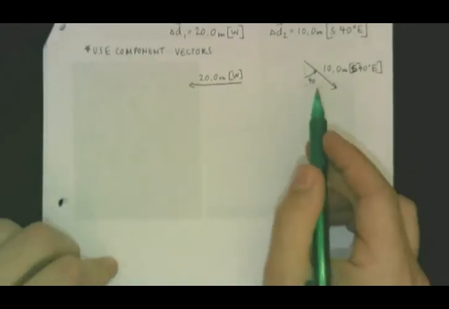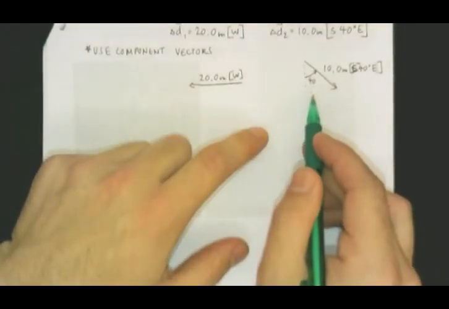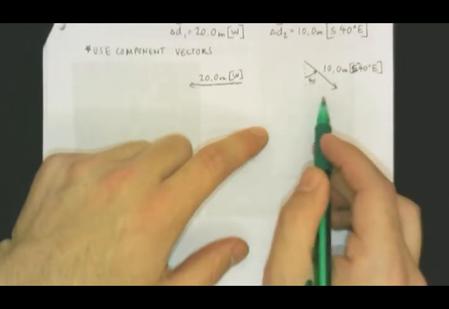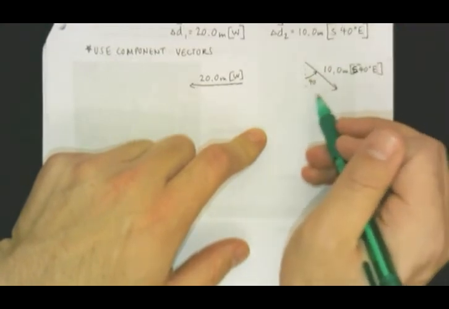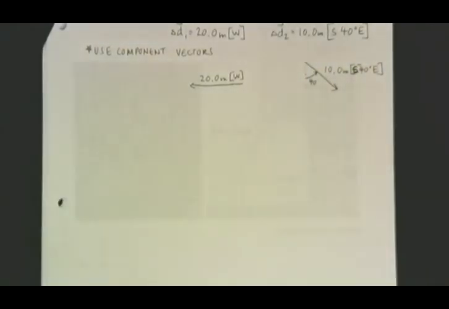Let's take a look at vector 2 for a moment. You can see that this vector has some x component and some y component. So some horizontal component and some vertical component. What you have to do is break it up into these vectors.